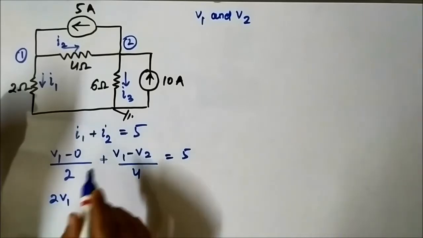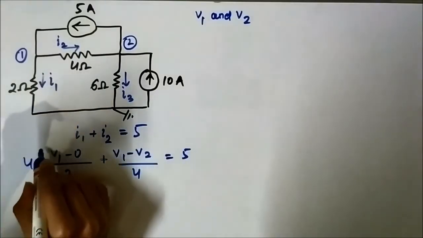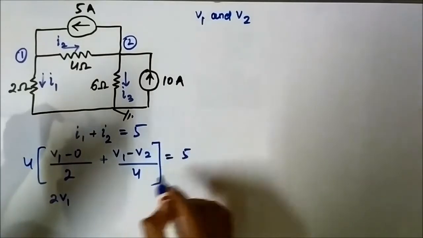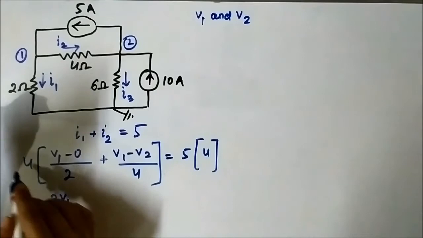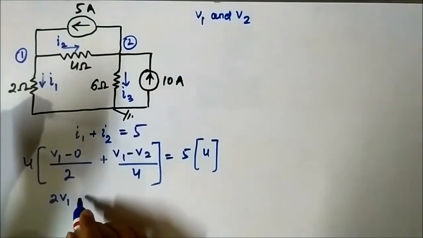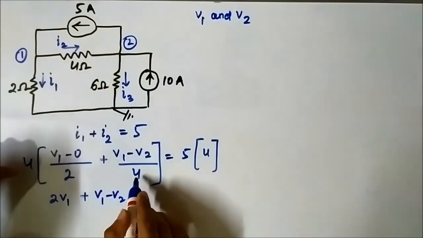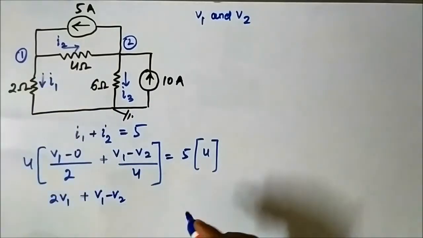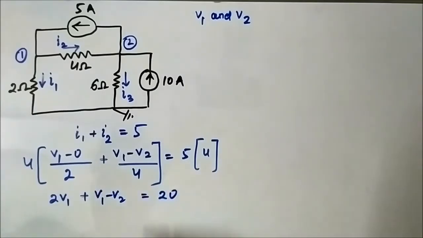We are multiplying 4 on both LHS and RHS, so it will become 2V1, 4 by 2 is 2, plus V1 minus V2, here 4 and 4 got cancelled out from the numerator and denominator, is equal to 20.